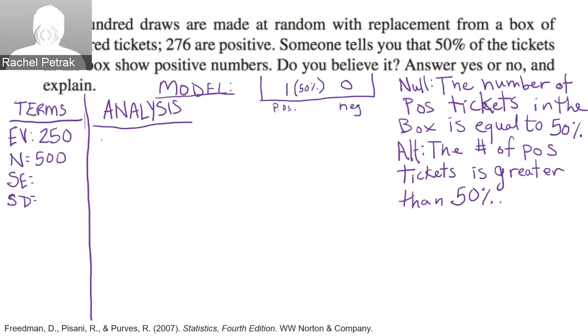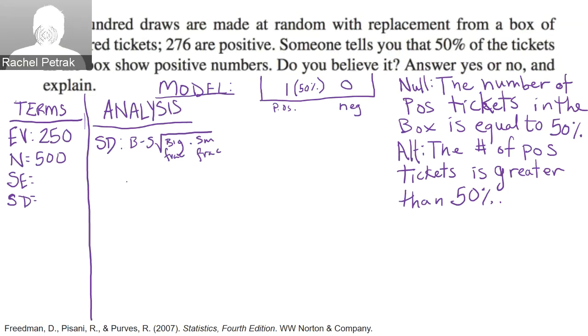We know that we're first going to need to get the standard deviation of the box. The standard deviation we can use the shortcut for. Remember, that's big minus small times the square root of the big fraction times the small fraction.